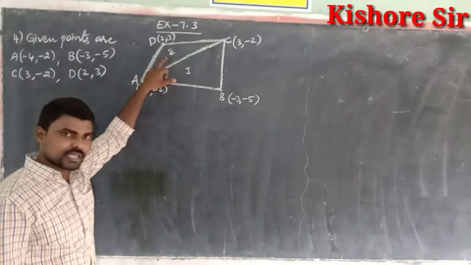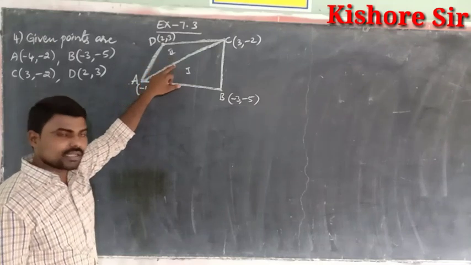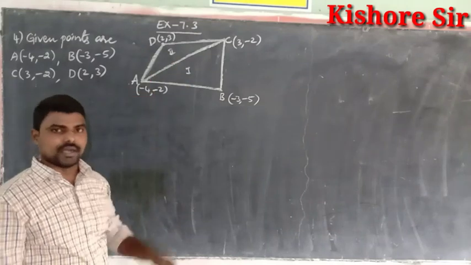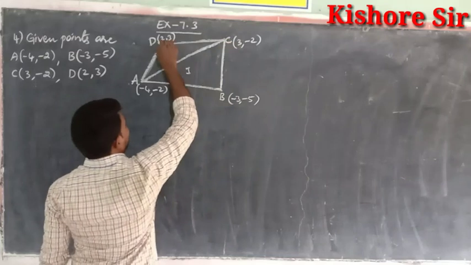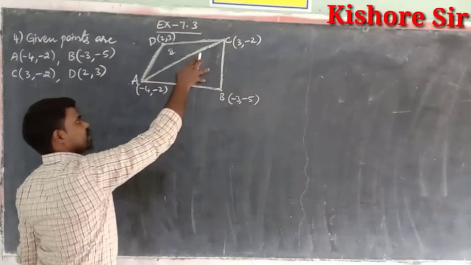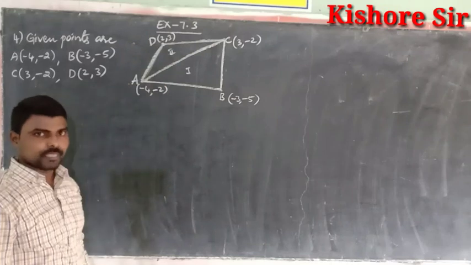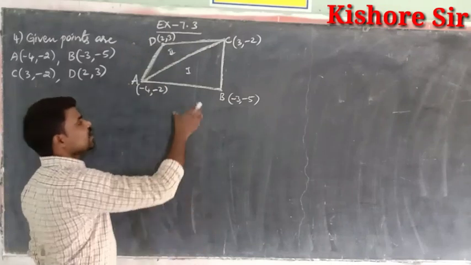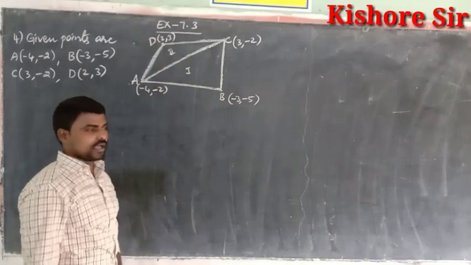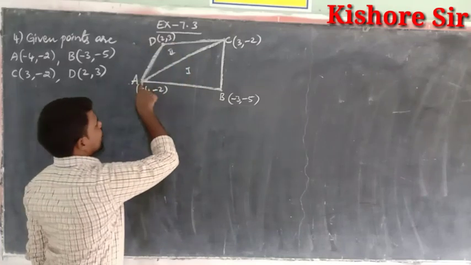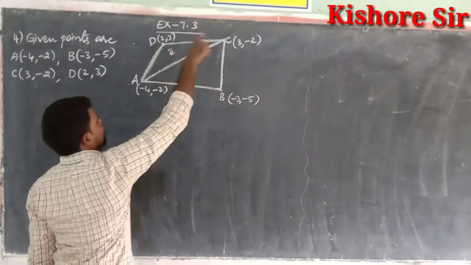After that we can add these 2 areas, and we get the area of the total quadrilateral. So area of the quadrilateral ABCD is equal to area of triangle 1 plus area of triangle 2. Triangle 1 means triangle ABC and the second triangle is ADC.